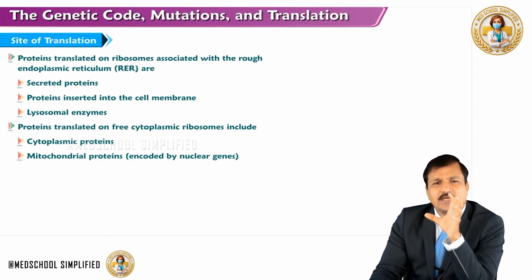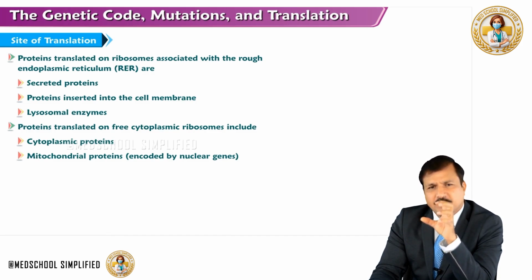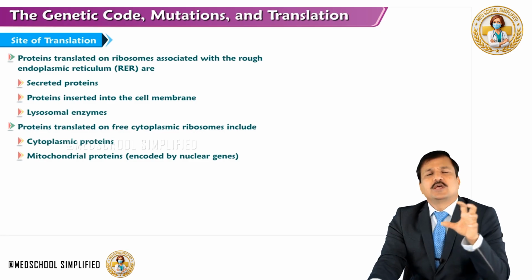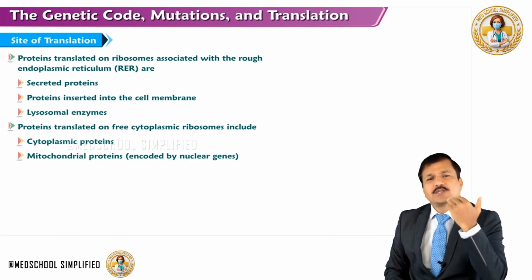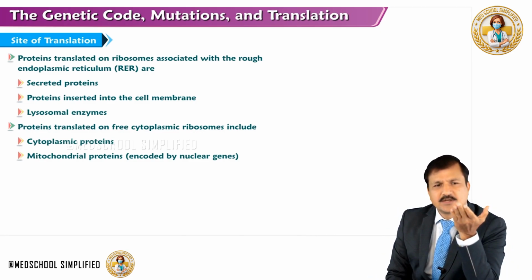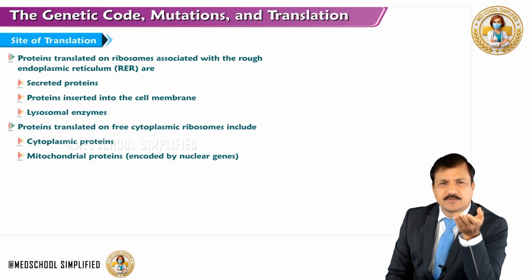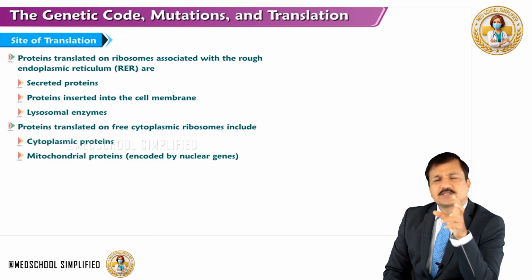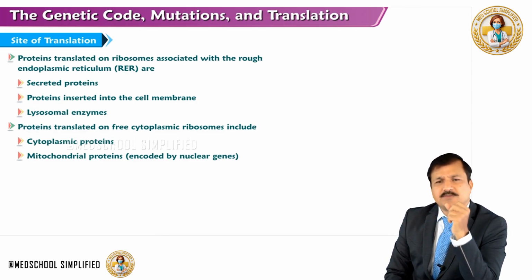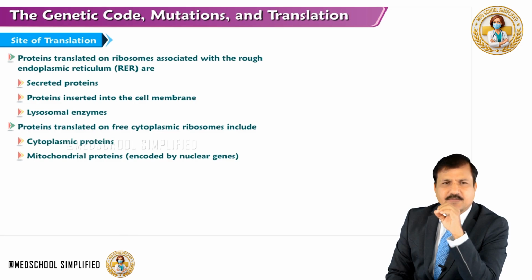For example, certain proteins are translated on ribosomes associated with the rough endoplasmic reticulum, and they include secreted proteins, proteins inserted into the cell membranes, or proteins going into the lysosomes as lysosomal enzymes. Proteins translated on free cytoplasmic ribosomes include cytoplasmic proteins or mitochondrial proteins which are encoded by nuclear genes.